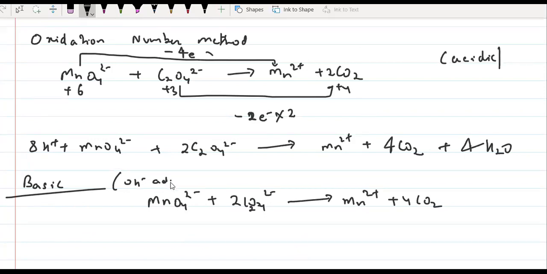Now, what is the difference here? Suppose we are lacking 4 oxygens. If you add 4 H2O and then add 8 OH minus, again it will create imbalance because O is added to the left hand side. Yes or no?